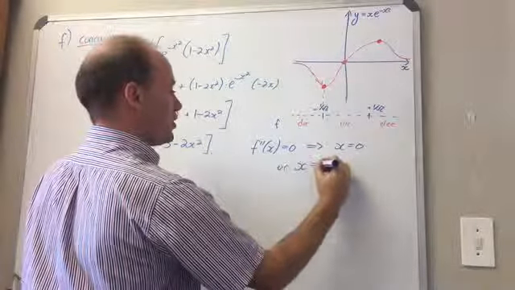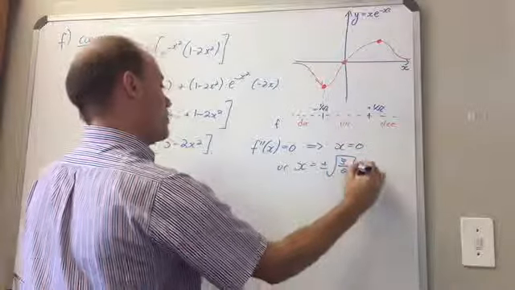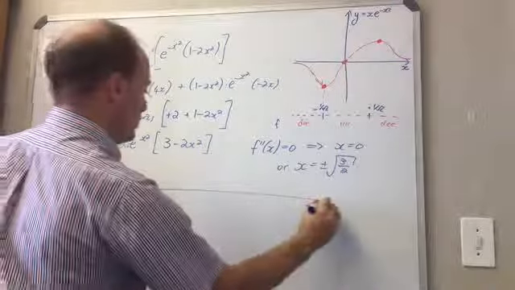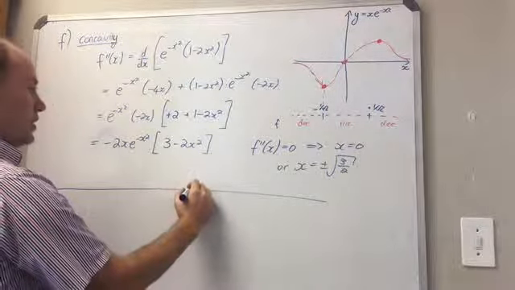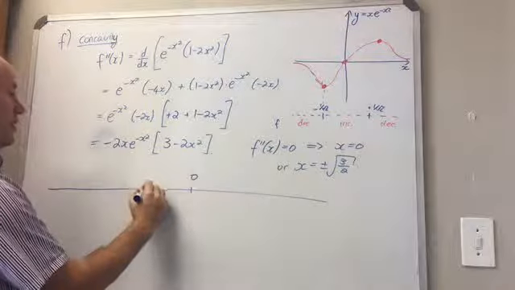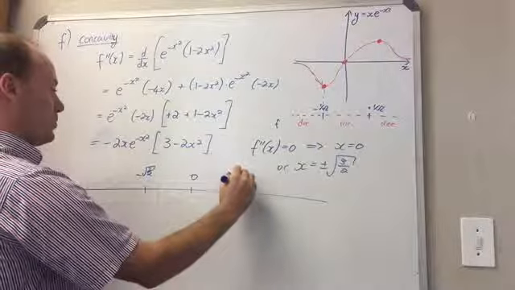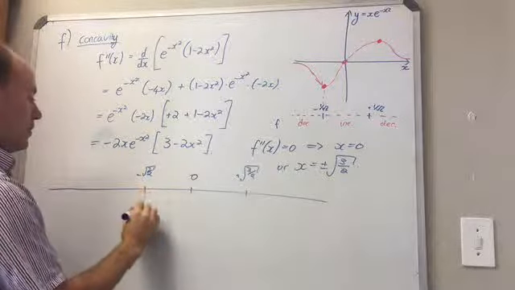In other words, x equals plus or minus the square root of 3 over 2. Right, so now we can draw our number line. We mark off the points where the second derivative is 0, namely at 0, at minus root 3 over 2, and at plus root 3 over 2.